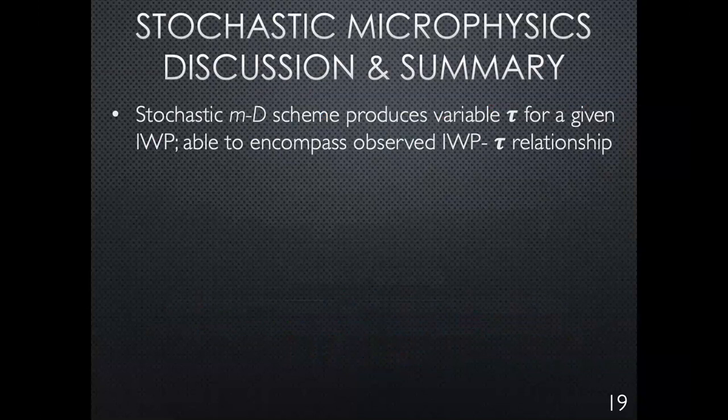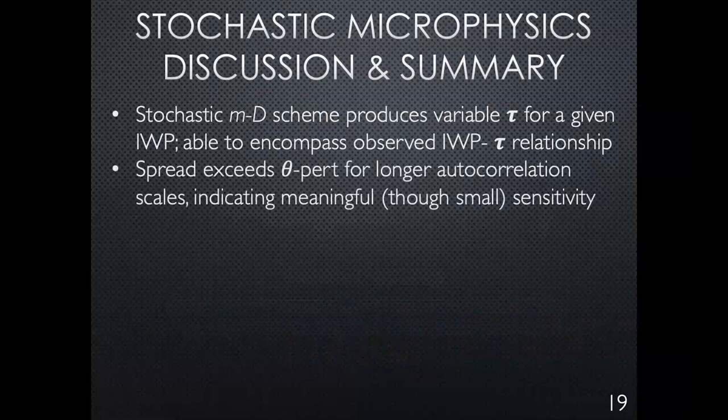So yeah, that concludes the stochastic microphysics part of this work, and I'll recap the main conclusions, which is that the stochastic mass size scheme produced variable optical depth for a given ice water path, and at times was able to encompass the observed relationship between these two variables.